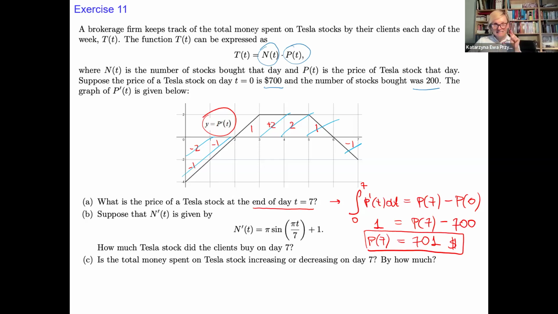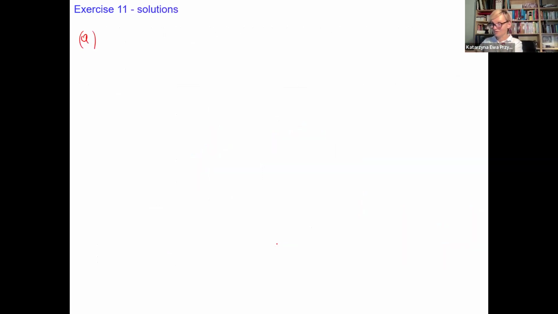Now we have to do exactly the same. How much for part B? How much Tesla stock did the clients buy on the day 7? We have to do exactly the same, but we don't have the graph, we have the formula. It means for part B, we will integrate between 0 and 7 the rate of change.